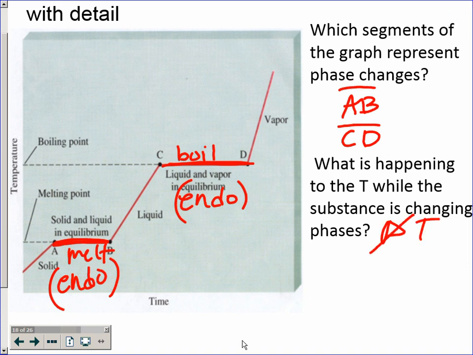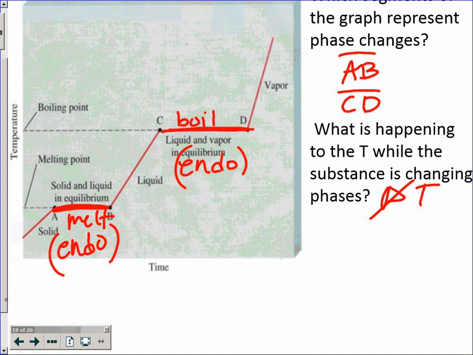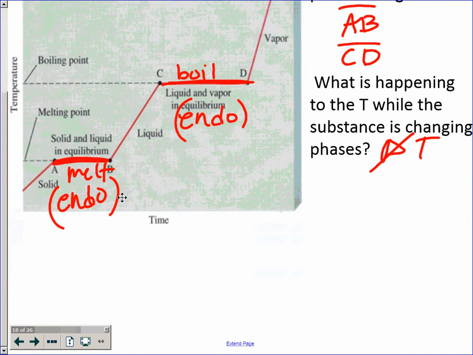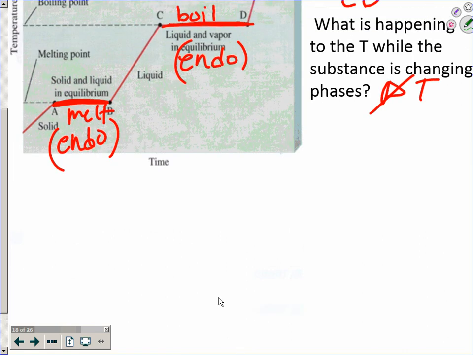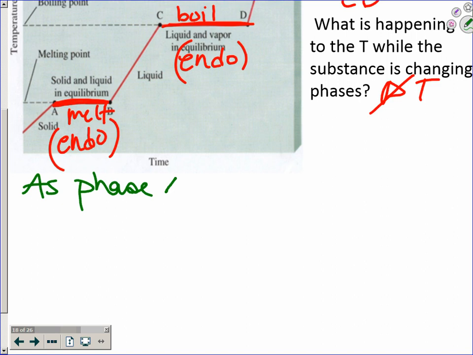And then what you should know, and write this piece down because this is going to be related back to IMFs, intermolecular forces.